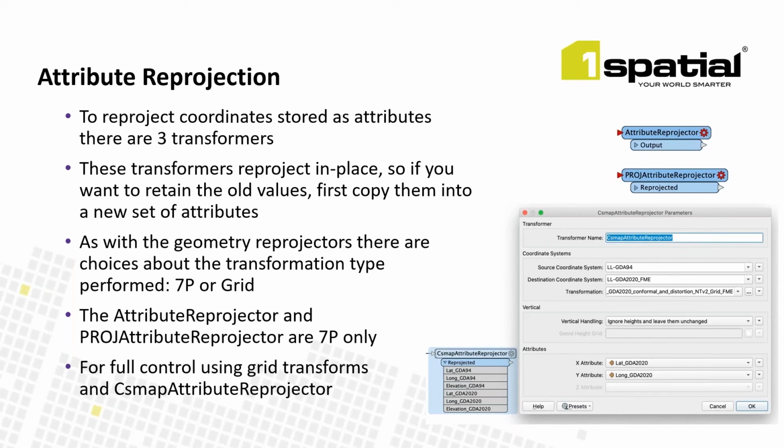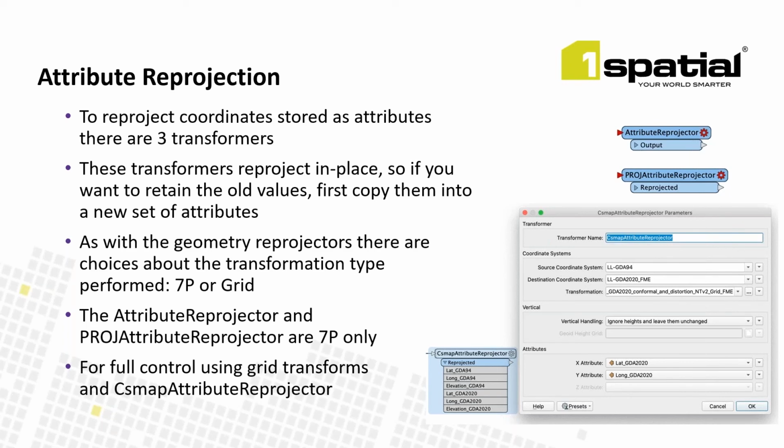So if you need to retain the old values, say the GDA94 values, then you will want to copy GDA94 into a new set of values, maybe labeled 2020, and then do the reprojection on those. Again, we get the choice between going between 7-parameter or grid transformations.